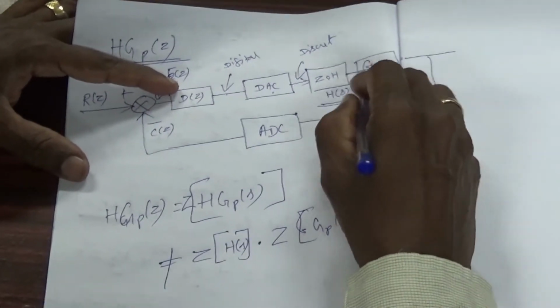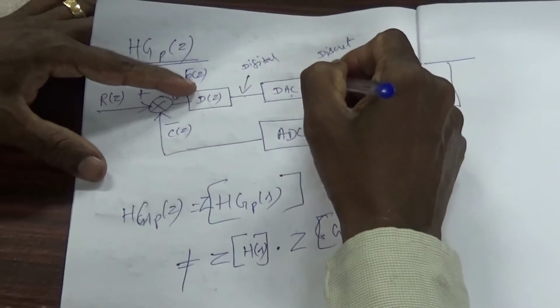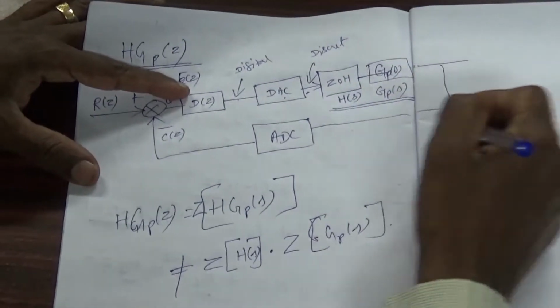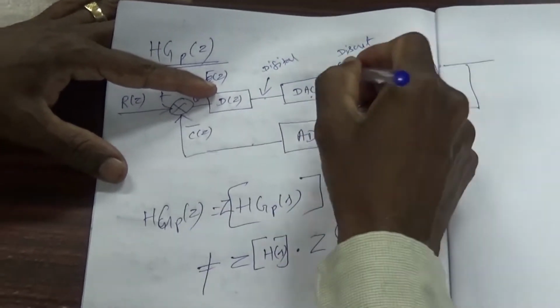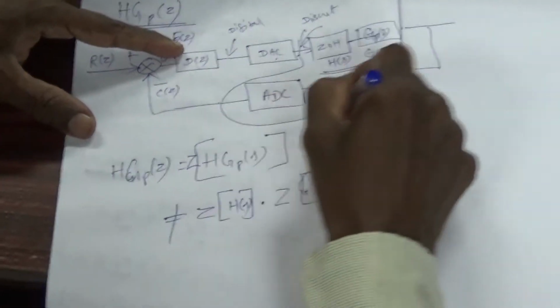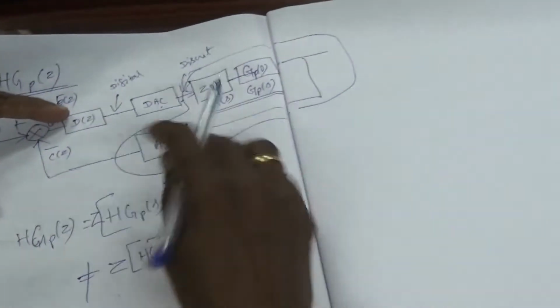It is a continuous output. That's why here it is discrete. After this ADC also it is discrete. That's why this part alone can be converted into Z transform.